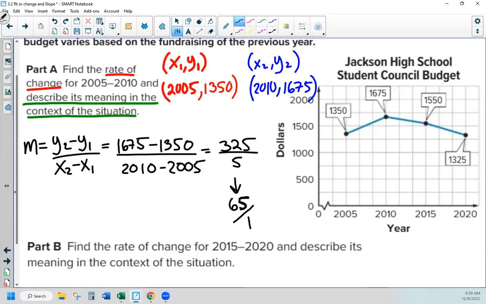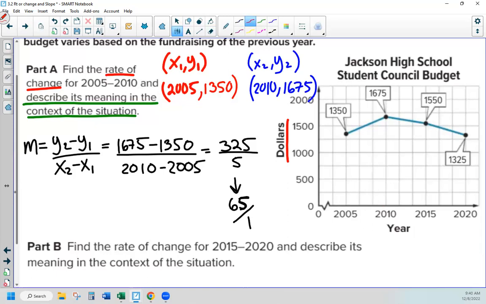So right now we're talking about fundraising money, and our X values, our time, is years. So what's happening here, the answer to this, the slope is 65, but what actually is 65? 65 is the amount of dollars that is being raised every year from 2005 to 2010, okay? That is the unit amount every year.